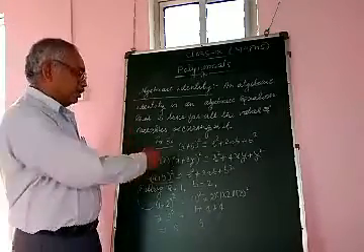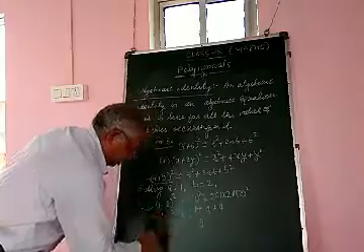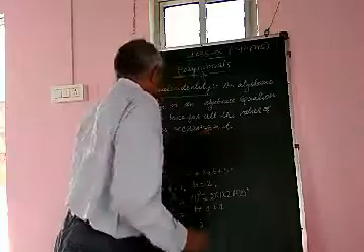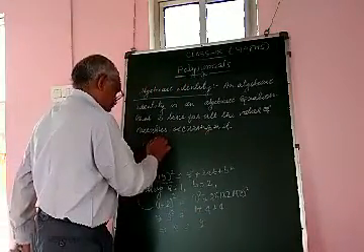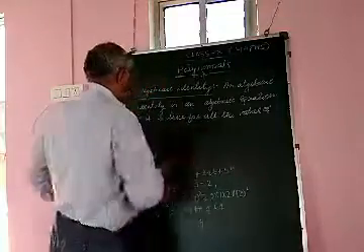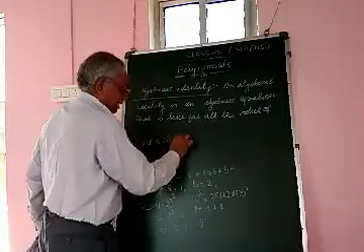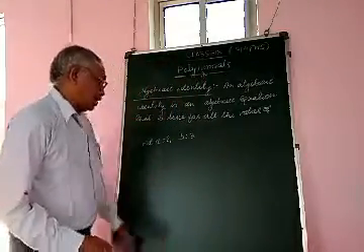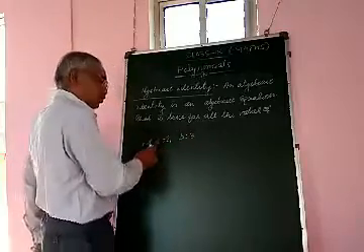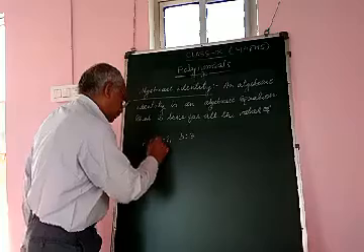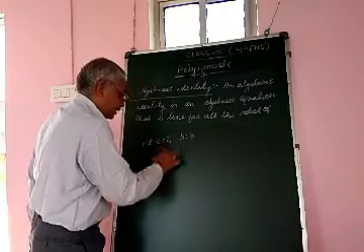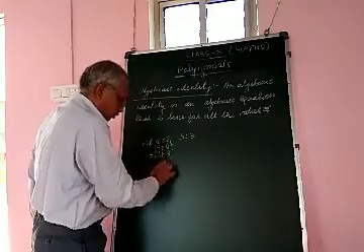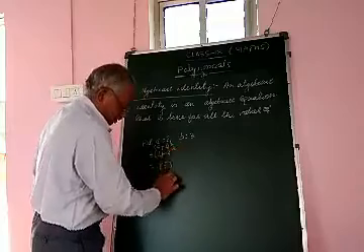Similarly, we put other values of a and b. Suppose a is equal to 2 and b is equal to 3 in the same identity, then again you will get the same value of LHS and RHS. a plus b, so 2 plus 3, whole square is 5 whole square, which is 25.